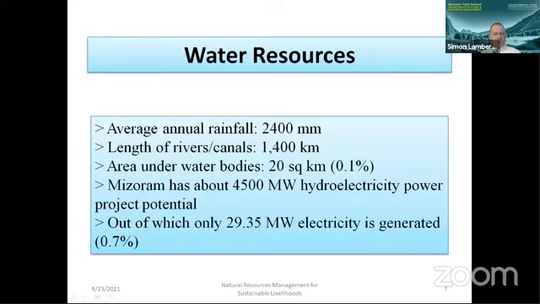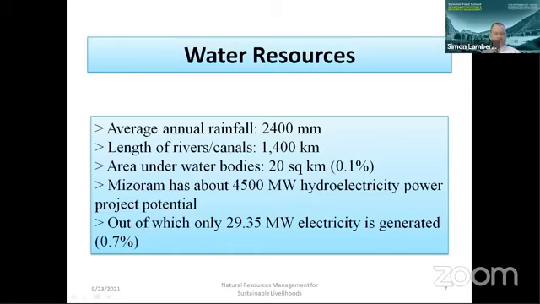When we see the water resources, average annual rainfall is very, very high. It is 2,400 millimeter, so it is one of the highest rainfall areas in the world. The river length is also huge, 1,400 kilometer. They are perennial rivers, and the area under water bodies is 12 square kilometer.